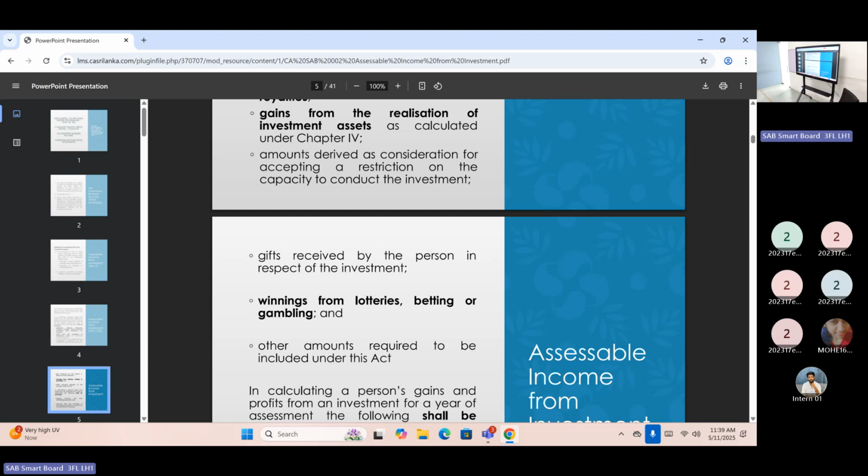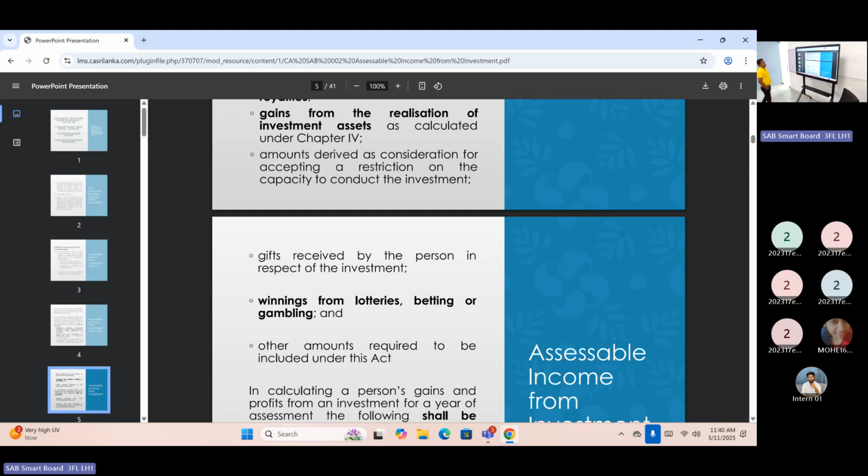So that's all part and parcel of investment income. Winnings from lottery, betting or gambling, that is also included. Now if somebody is doing it as a business, it is coming as business income. But here, not as a business, say we buy a ticket and we win the prize, that is coming under investment. Right?